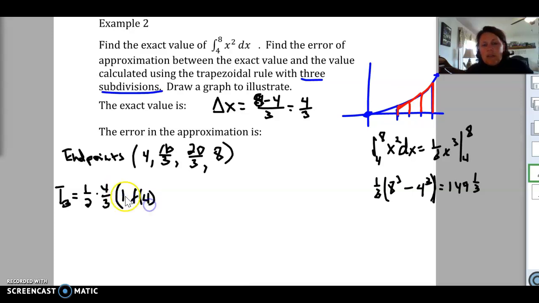Okay, my video is going to cut off on me. We're going to finish this example up on the next video because there's no way I'm going to finish all this. Then 2 times f of 16/3 plus 2 times f of... Okay, we'll see you on the next video.